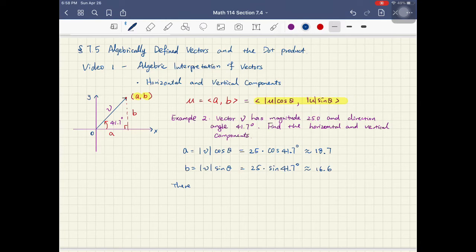So the vector v is going to be 18.7 comma 16.6. In 18.7, that's the horizontal component, and 16.6 is the vertical component.